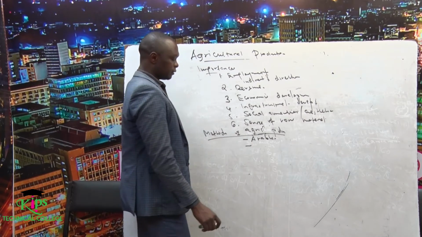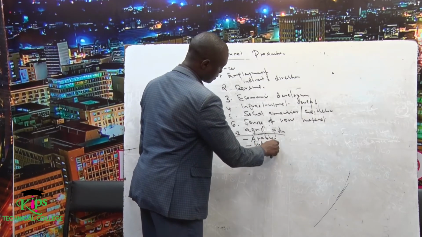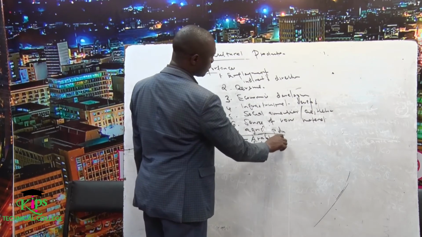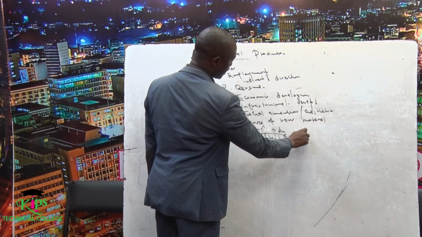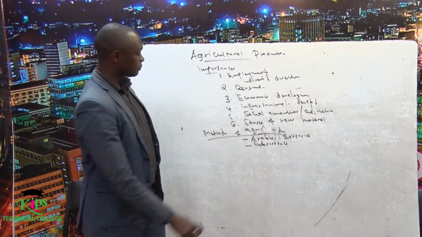We also have subsistence. Arable can also be referred to as extensive, depending on how you classify the application of agricultural production.